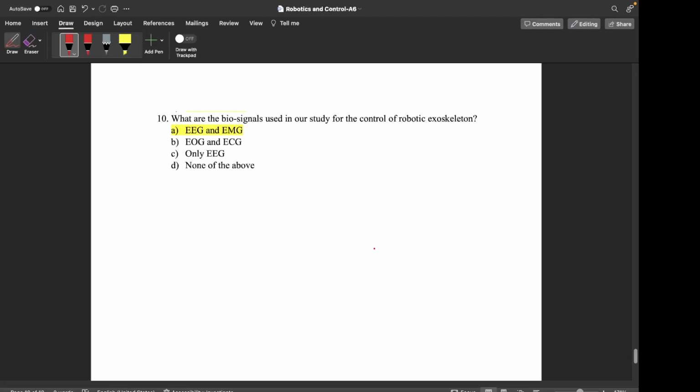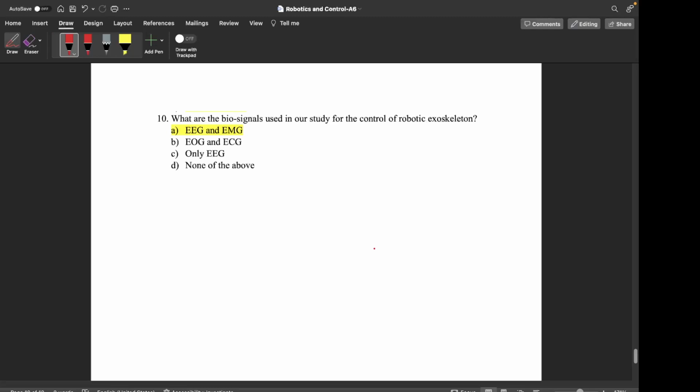You move your hand or fingers in a certain way, and the exoskeleton will also move in that same way, replicating that. For that purpose, we use EEG and EMG. EMG is used to read signals from muscle fibers; the full form is electromyogram, I guess.